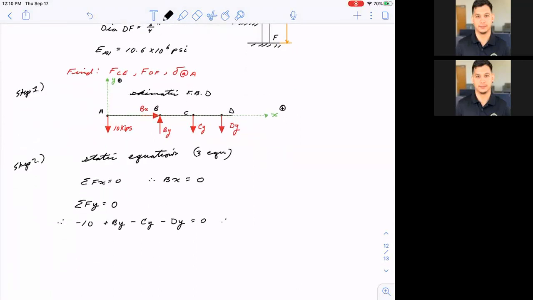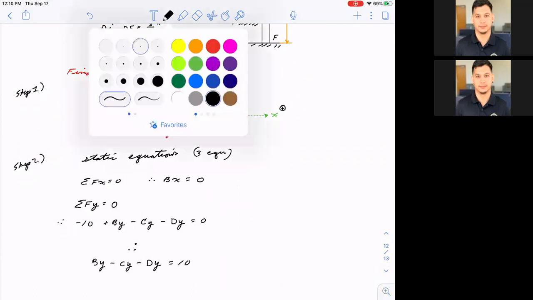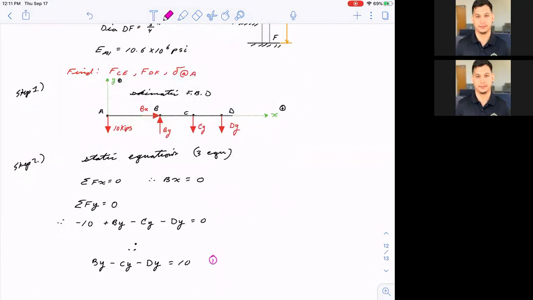So therefore, we can conclude that By minus Cy minus Dy is equal to 10. And this right here would be our first equation. We'll call this one our zero equation because it really doesn't help us much.